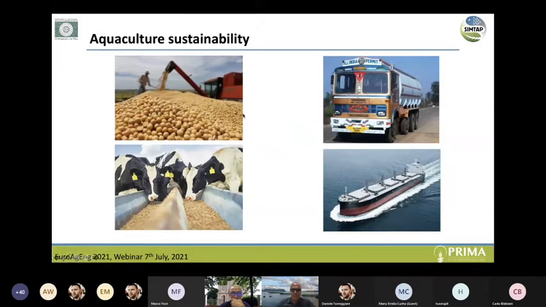In this picture, you can see soybean, mainly produced in Argentina or Brazil, transported by routes and ships to Europe with the large consumption of gas and CO2 production.